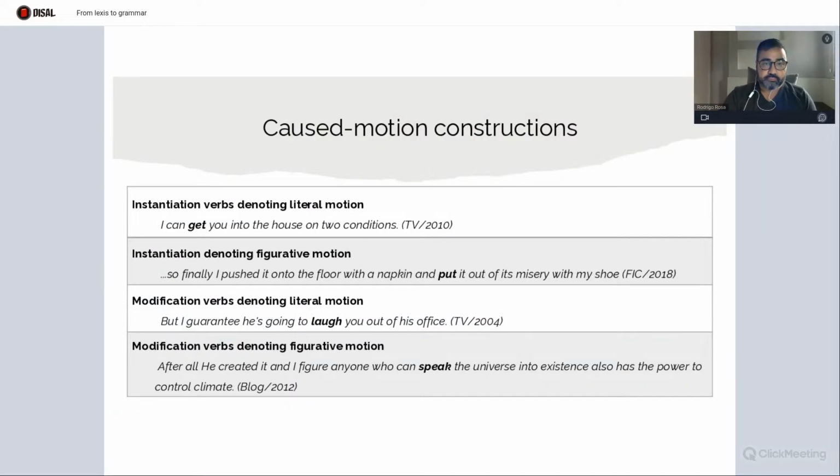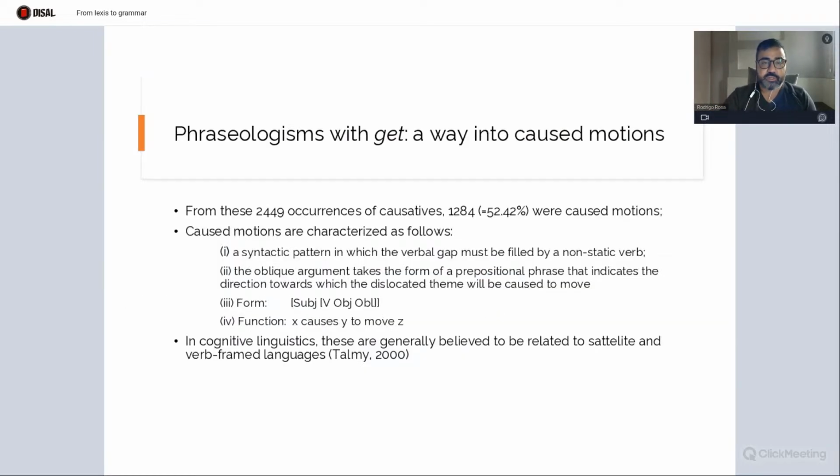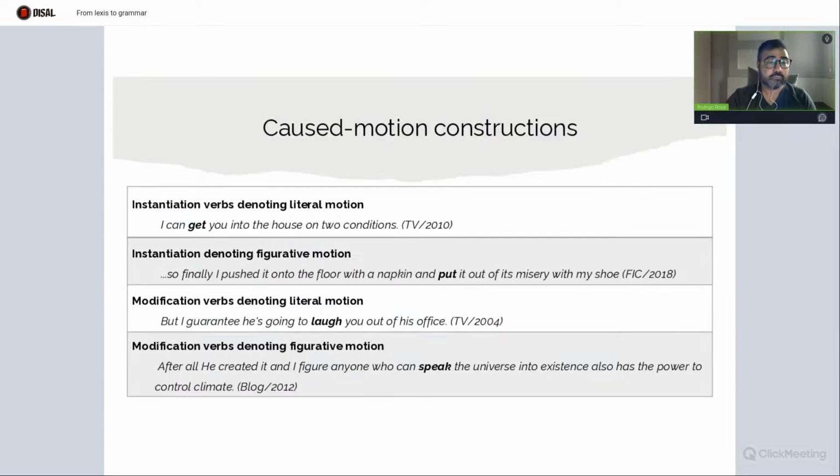Moving on, what we discovered with this data, with GAT, with 1,284 occurrences, but also during my PhD, we discovered that caused motions are characterized by a set of different characteristics, okay?